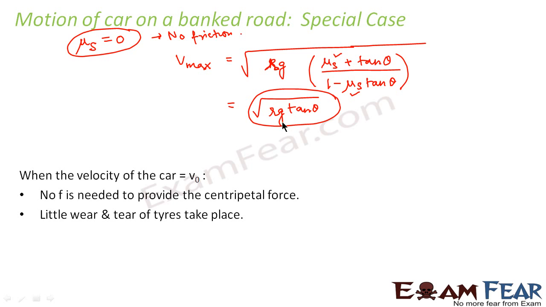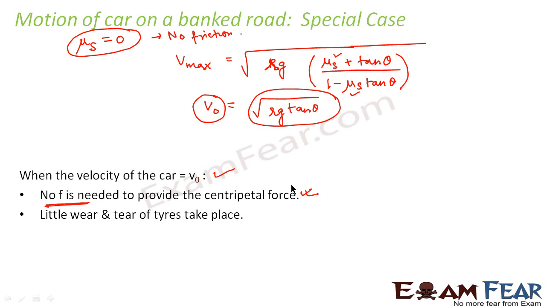So in this case, the centripetal force is given only by the component of normal reaction and not by the frictional force. Let us say we denote this value of Vmax as V0. So when the velocity of the car is V0, no frictional force is needed to provide the centripetal force.